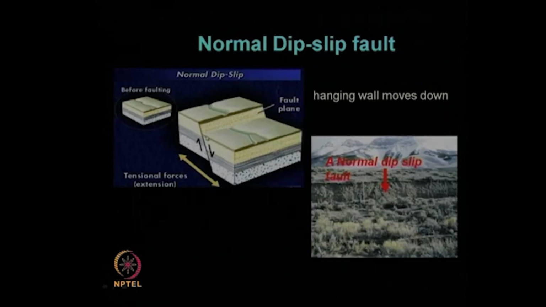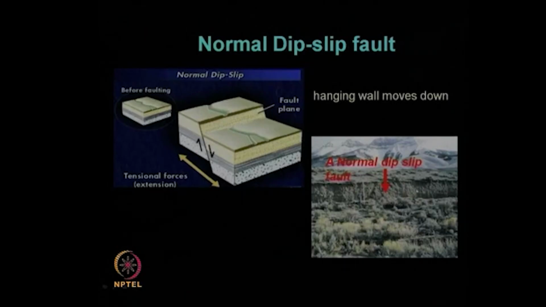So, this is our fault plane, and this gets separated out when the two blocks are subjected to this tensional force or extensional force. There is a vertical as well as horizontal movement. So, dip slip fault that creates hanging wall moves down. So, this hanging wall moves down.